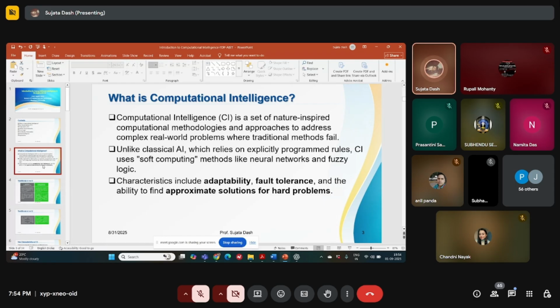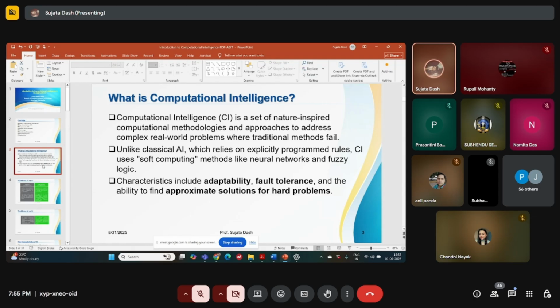So that means just like the human being finds the solution for a natural problem which has a lot of uncertainty. The soft computing techniques or computational intelligence find the solution which is closer to the way human beings find solutions for a natural system.